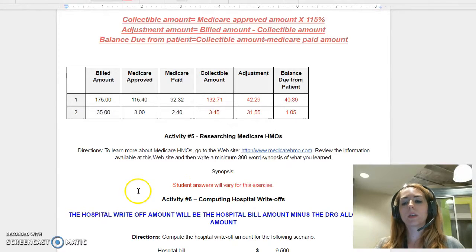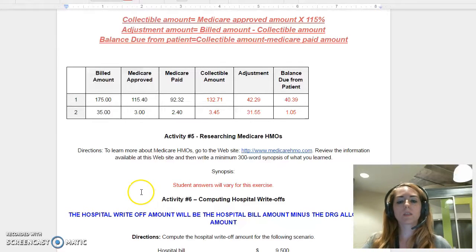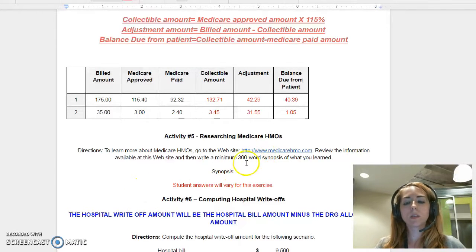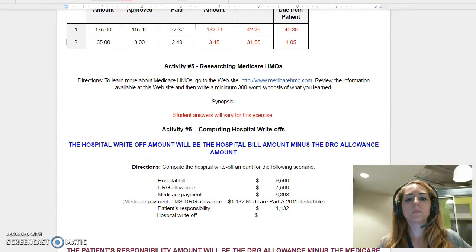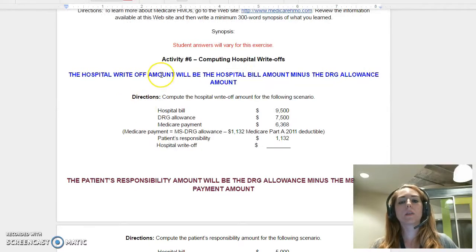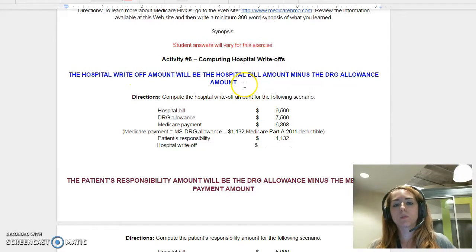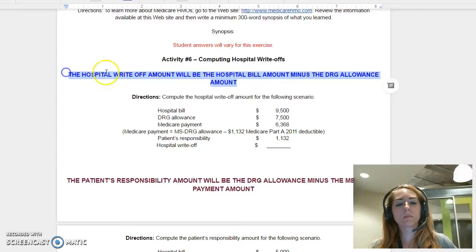Activity 5, your answers are going to vary on this part of the assignment. You're looking at this website and writing a 300-word synopsis on what you found and what you learned. For activity 6, you're computing hospital write-off amounts. The hospital write-off amount will be the hospital bill amount minus the DRG allowance amount.